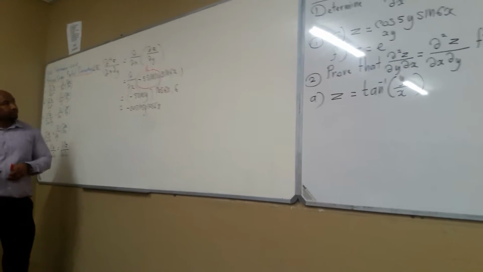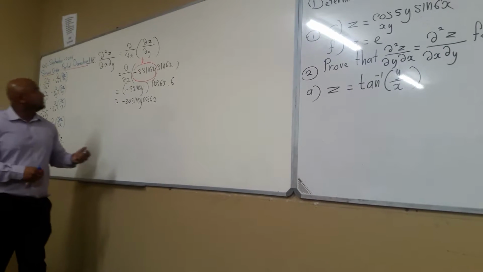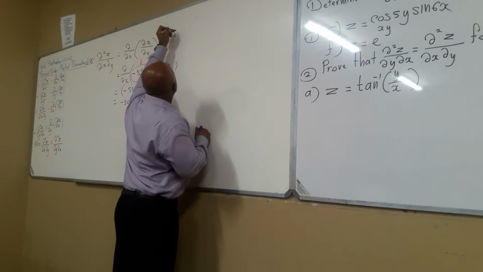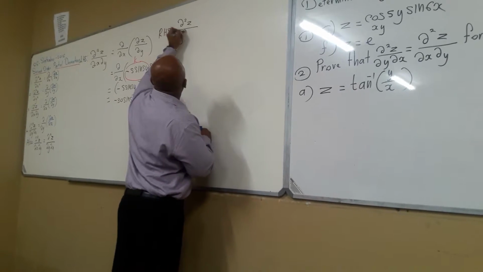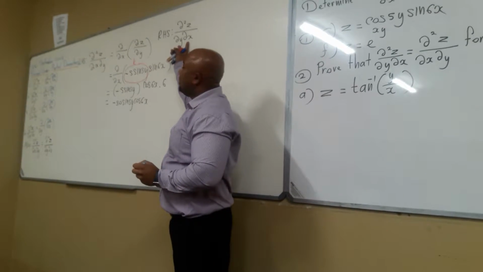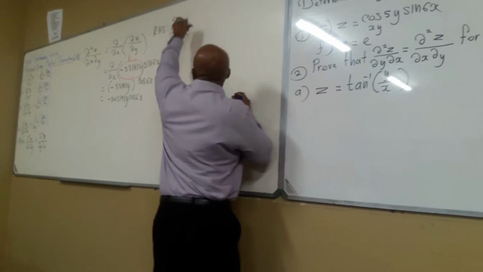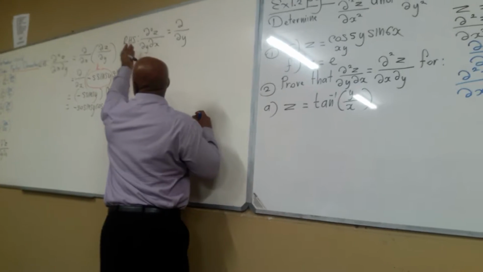Now, let's take the right hand side. Right, so now check how is it written down. What must you do first? What must you do second? So this is going to equal to d over dy, because dy is written first here.